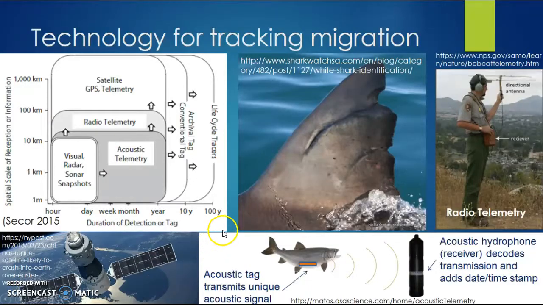Now we're going to talk about different types of technology that are used for tracking fish migration. There are different things such as visual, sonar, radar, and snapshot tracking. These can be done for hours to up to a day and can be done up to 10 kilometers.